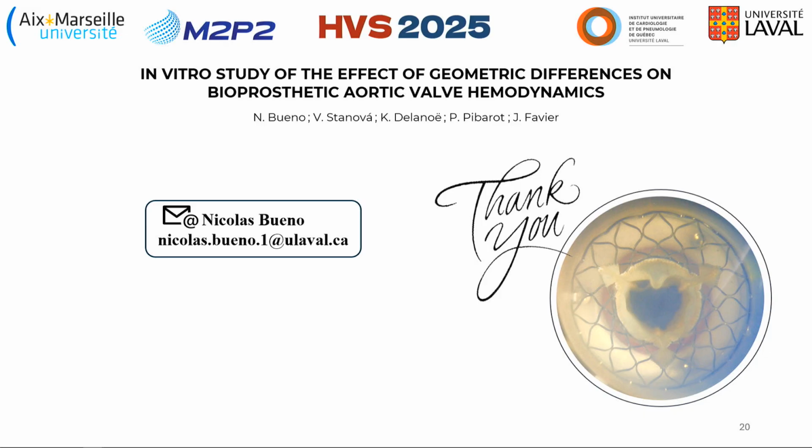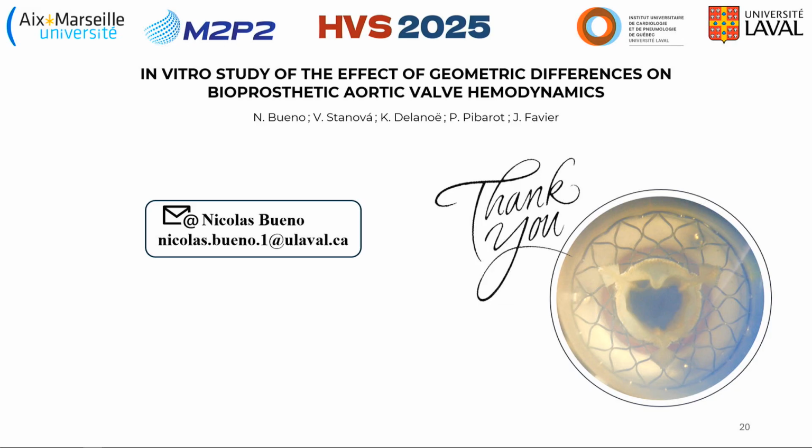Yeah, we use a silicone that is as close as possible to the Trifecta tissue leaflets. It's a bit more elastic than the Trifecta valve, but it was not possible to find a silicone with the exact same properties, and so that's why we use this silicone.